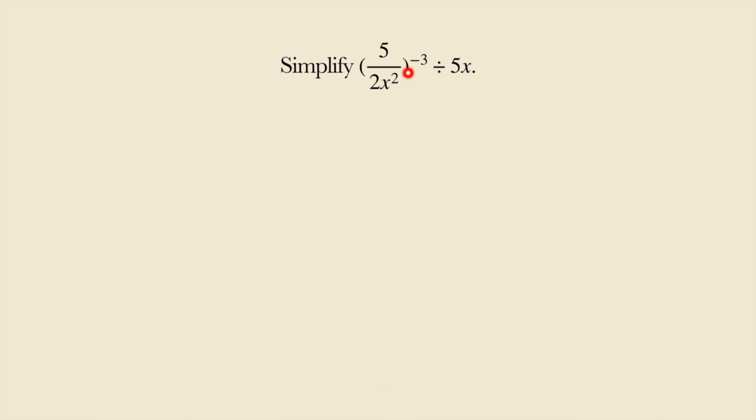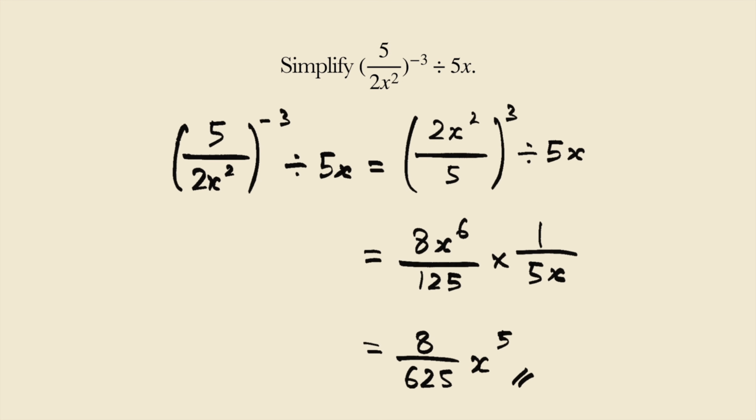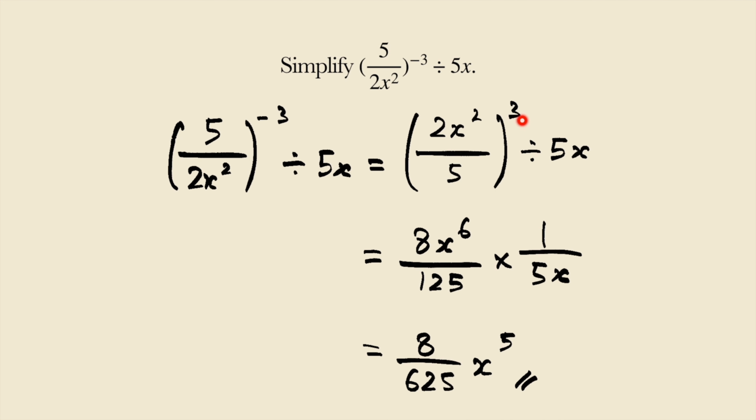Alright, power -3, let's flip that so that it becomes power positive 3. Okay, next, power 3 will be applied to everything here. So 2 to the power 3, 8, x to the power 6, and 5 power 3 is 125. So from here, simplify the coefficients. X power 6 will simplify with the x below and becomes x to the power of 5.